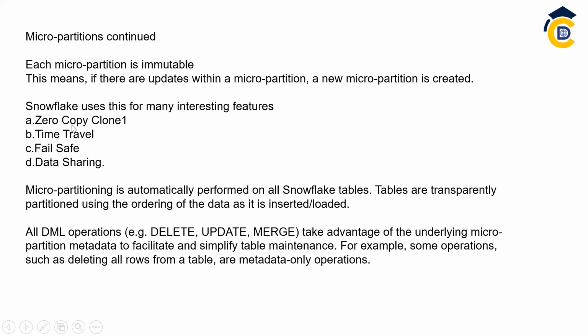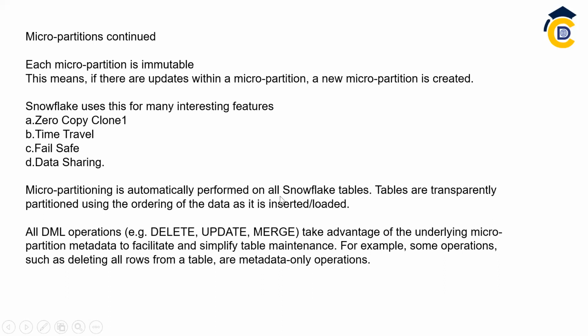But why are these features available for Snowflake? Basically, they leverage the S3 property that it is immutable, which is why the micropartition is also immutable. That is why these features are possible to be offered by Snowflake.